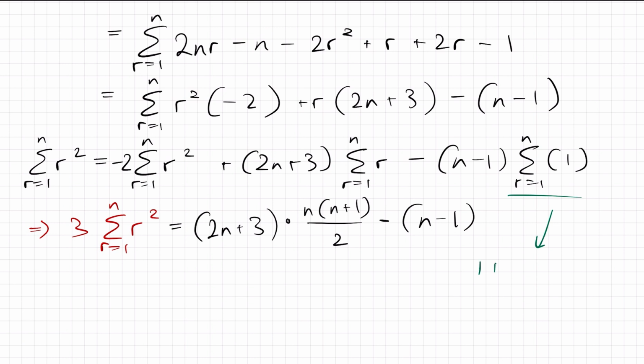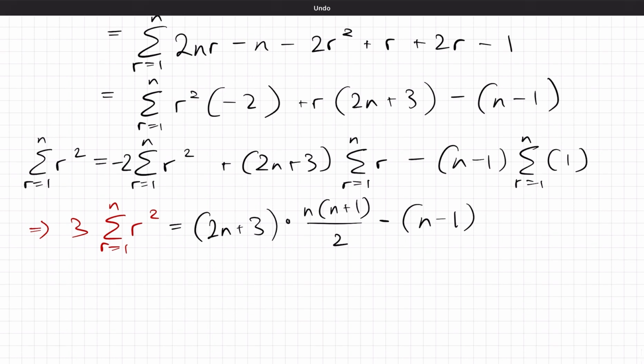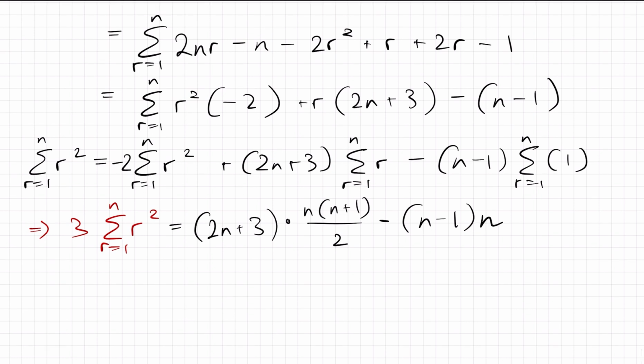Well, this is the same as 1 plus 1 plus 1 plus 1 n times, also known as simply n, because this is just 1 times n. So that's simply just going to be n. And now we're going to have to do some simplifying.